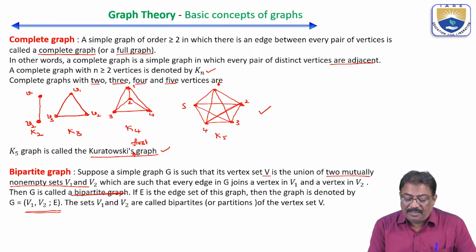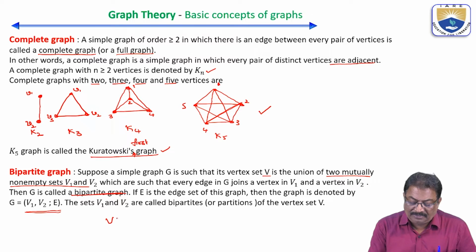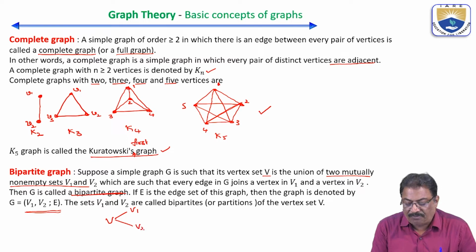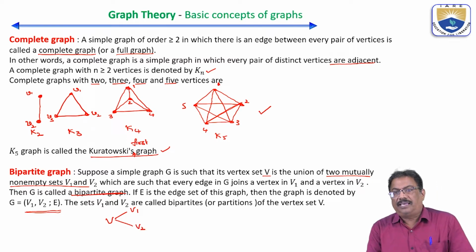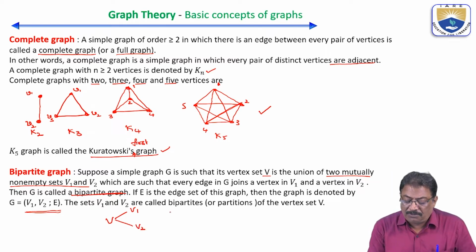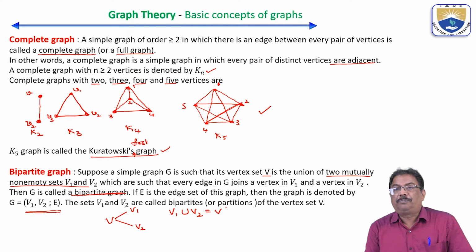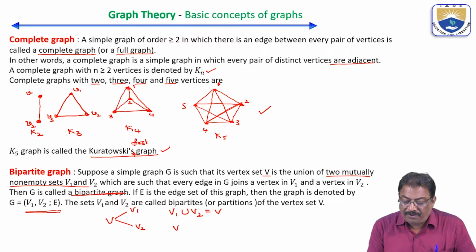That means the vertex set V is partitioned into two non-empty sets, V1 and V2. Partitioned means V1 union V2 is equal to V, and V1 intersection V2 is empty.